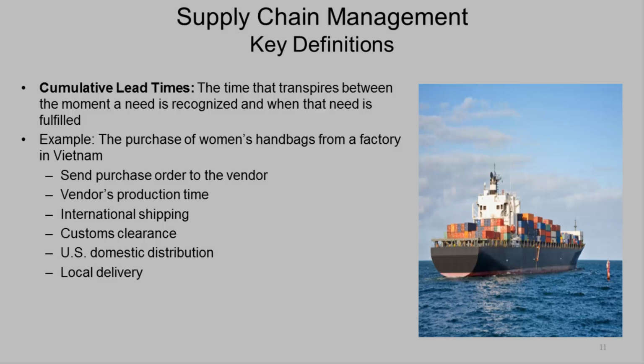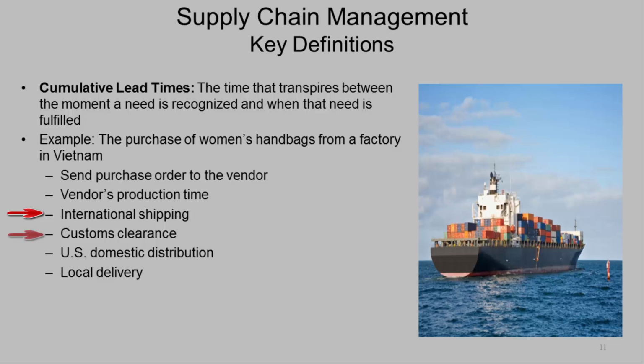So let's continue with our handbag example. We've recognized in March of 2016 that we're going to need handbags for the holiday season. So we need to place our order now so we have them in time. We have to send a purchase order to our Vietnamese vendor, the factory that we work with. We have to understand how long it's going to take that vendor to produce our handbags. How long is it going to take an ocean container to get from Vietnam to a warehousing and distribution center in Chicago?